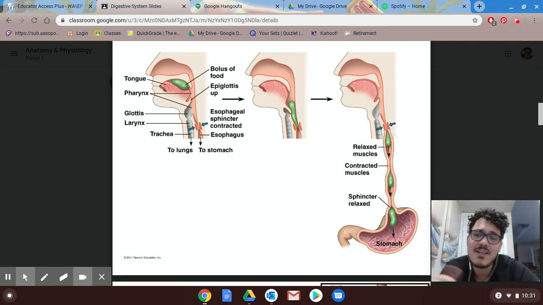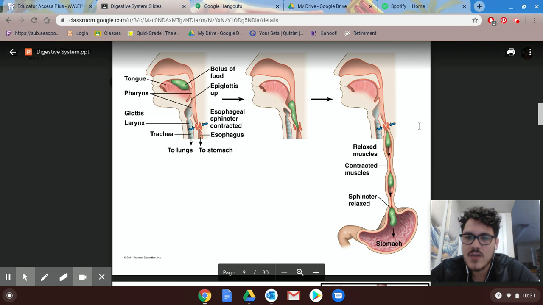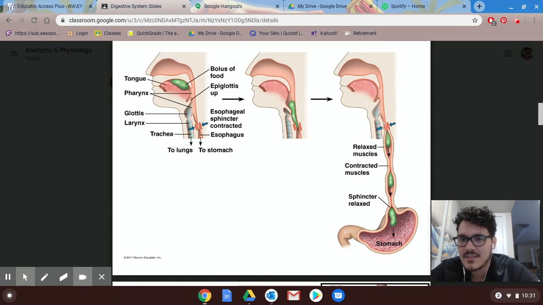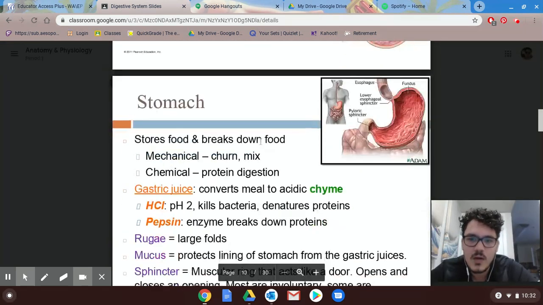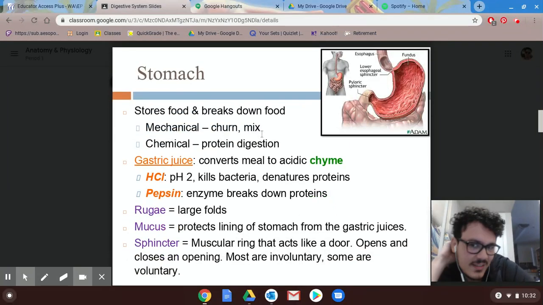So you do need a little bit of assistance for this. So that's what peristalsis helps with. It helps to relax the muscles and then contract and squeeze until eventually that food ball makes its way to the stomach.